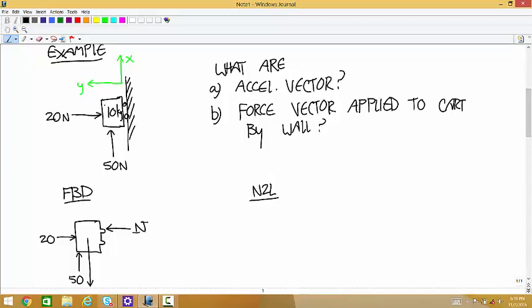Do you see that? And so that force we're going to write as 0, negative 20. The 50 Newton force is in the positive x direction. So that's 50, 0.